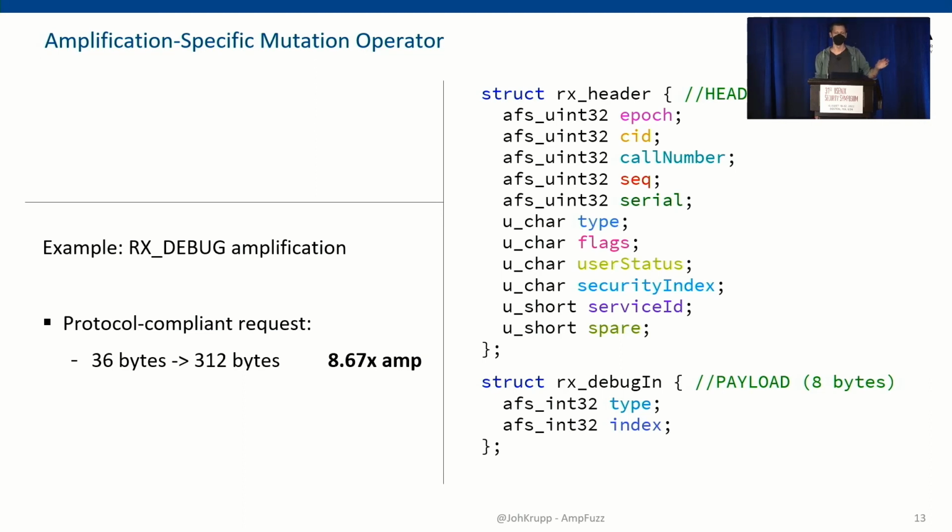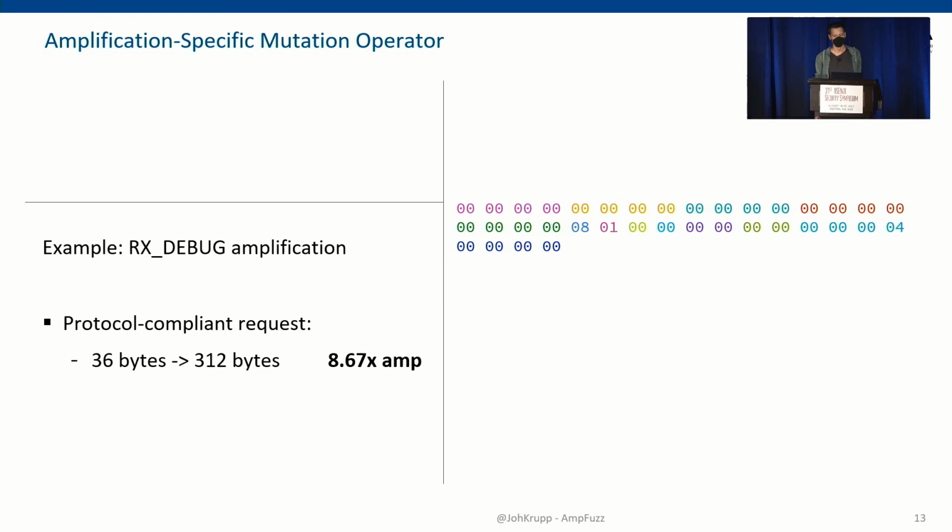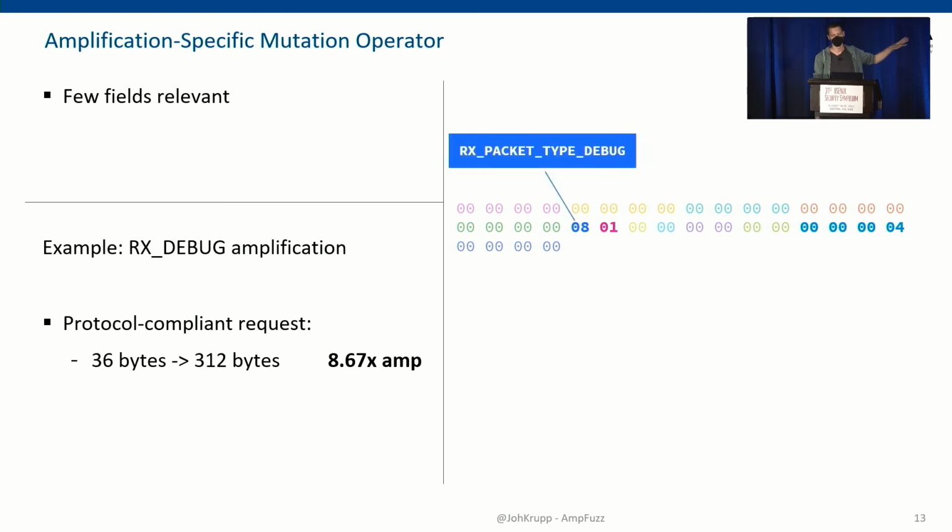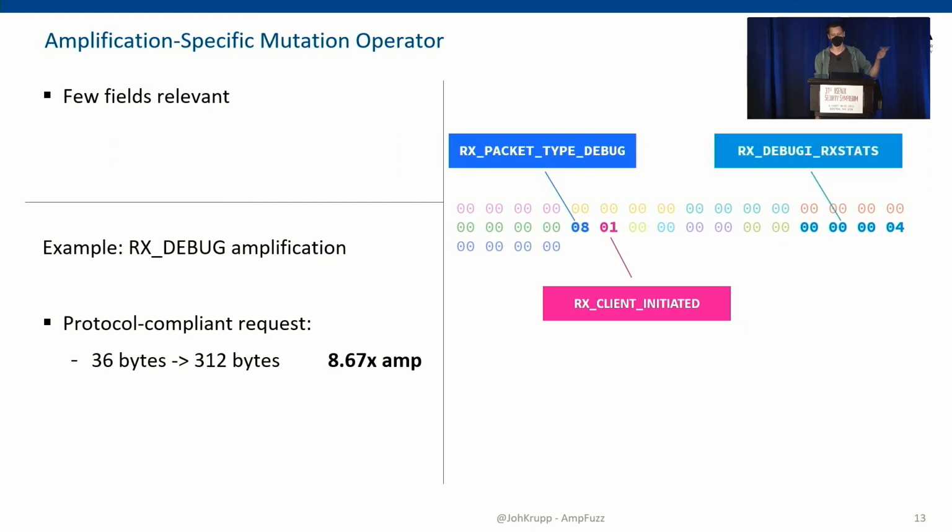However, if we look at the bytes at the raw level, we find that only very few fields are actually relevant to what is happening. In this specific instance, it's only those 6 bytes, saying that we have a debug packet, that the client is ready to receive data, and lastly, that we're looking for statistics.